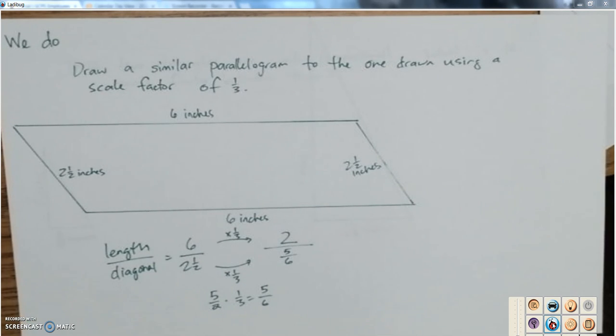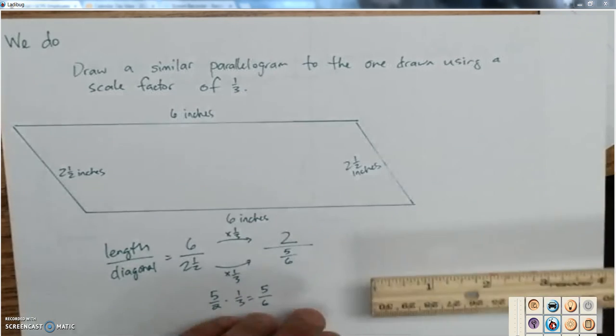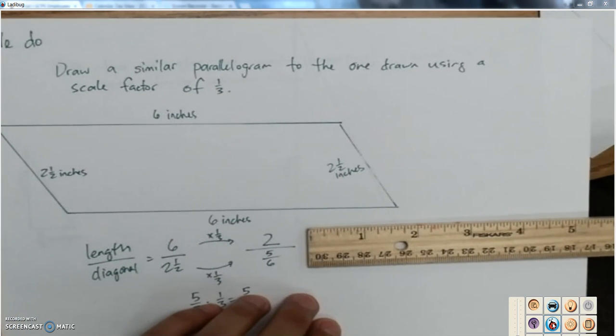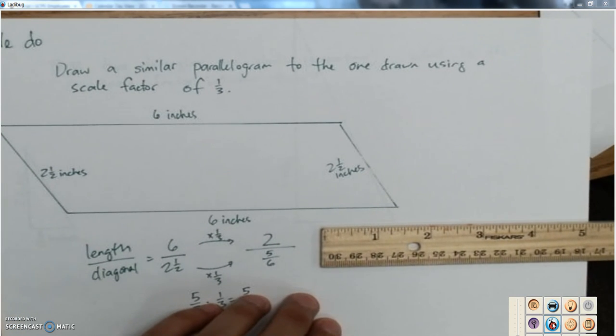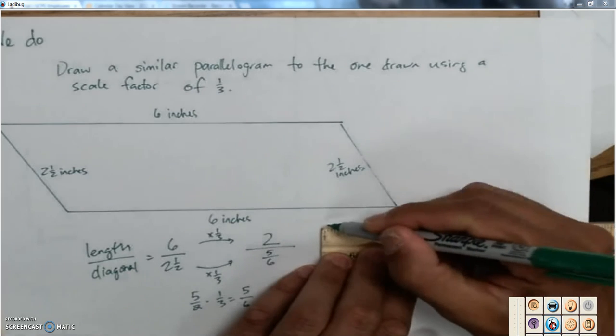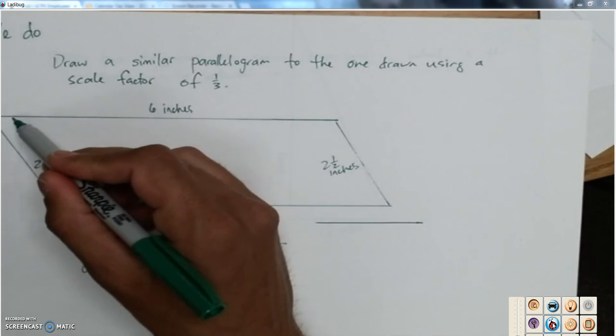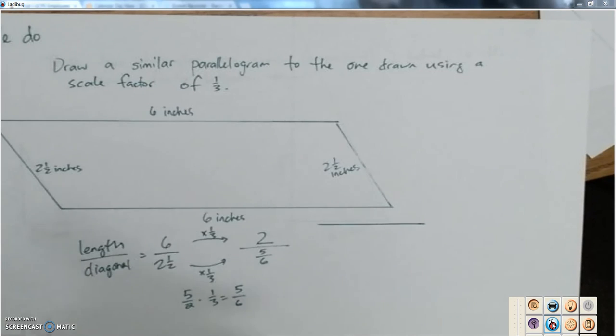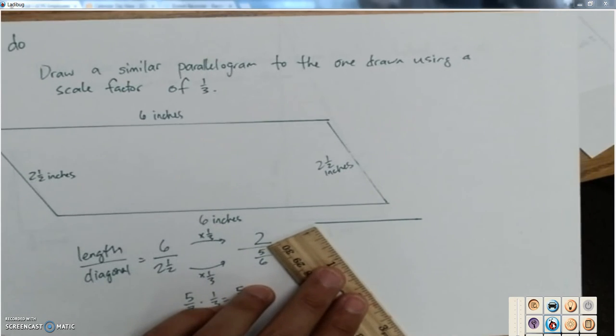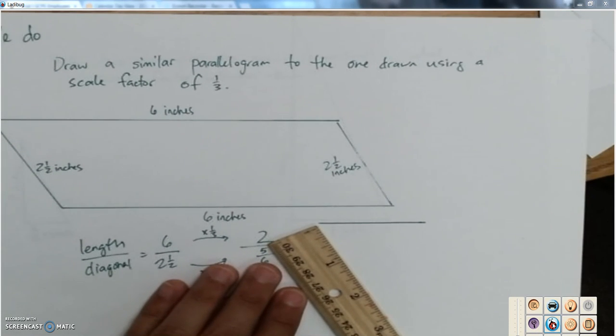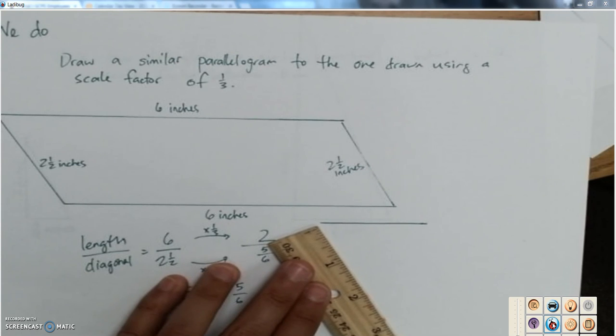So I'm going to have a ratio in my smaller one of 2 inches to 5/6 of an inch. So let's see, this is going to be kind of hard to do. Let's see if I can do that. I can do it probably. So now my new one is going to have a length of 2. It's going to be hard for me to make this same angle without a protractor here, so I'm just going to do my best. I may not exactly match the angle. In a great scale drawing, you would. And I'm going to go 2/3 of an inch.